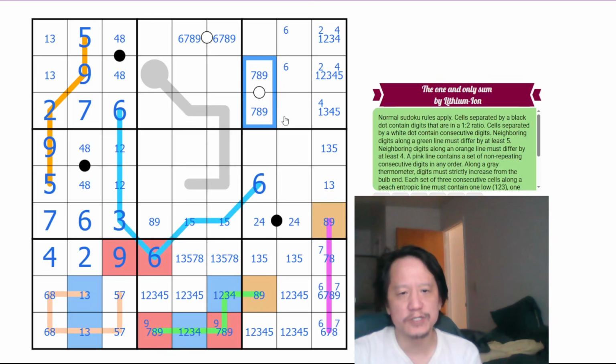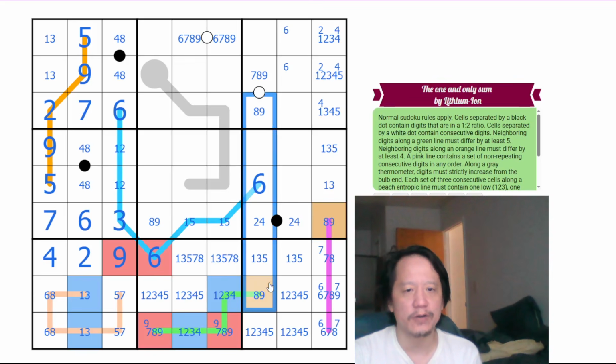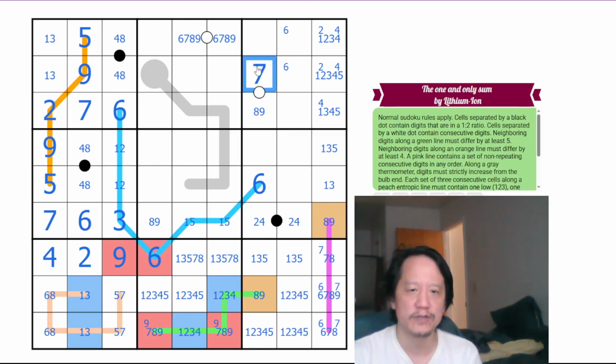So we're guaranteed one of these digits has to be consecutive. Well, we have an 8, 9 pair now in column 7, which eliminates 8 and 9 in the rest of the column. So this can't be 8 or 9, it's 7, and 8, 9 is not consecutive with 7, so this must be 7 and 8. That eliminates 8 there, so this is a 9. That's the same as that digit, so that's a 9.